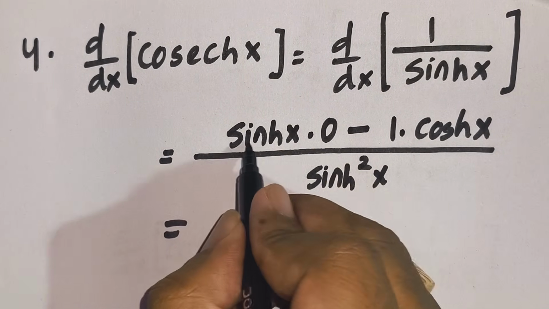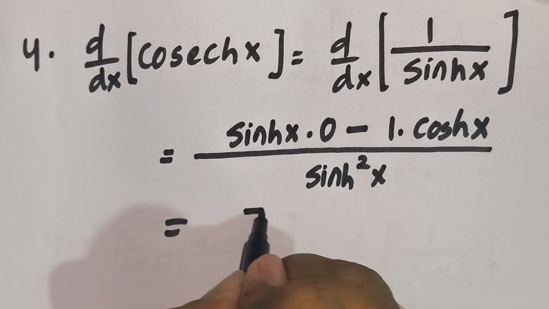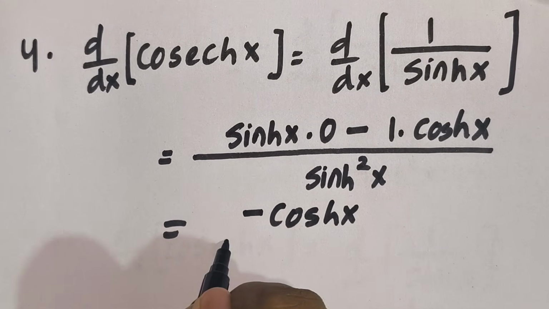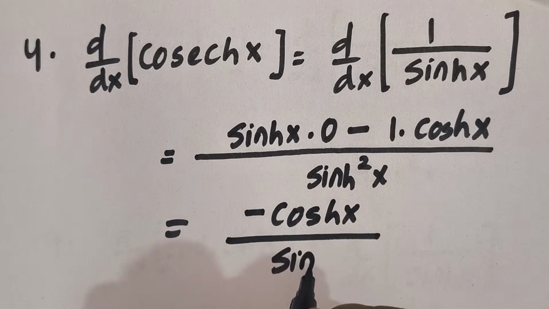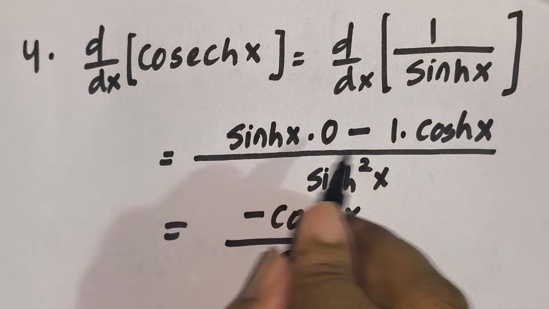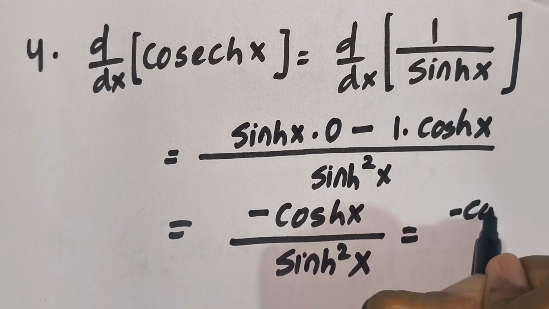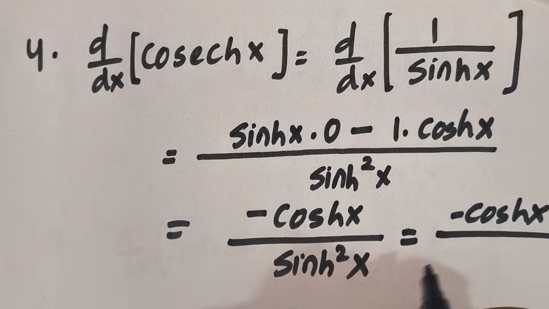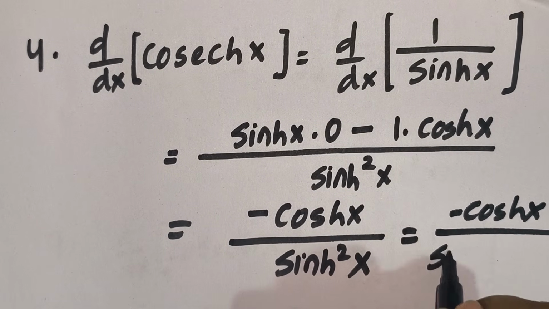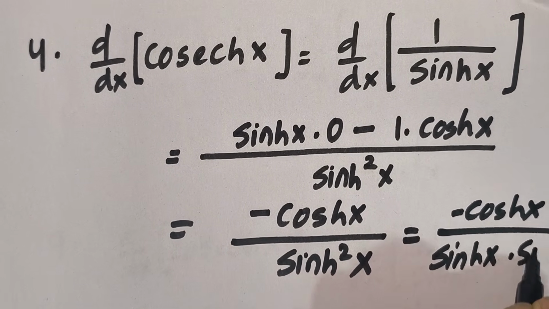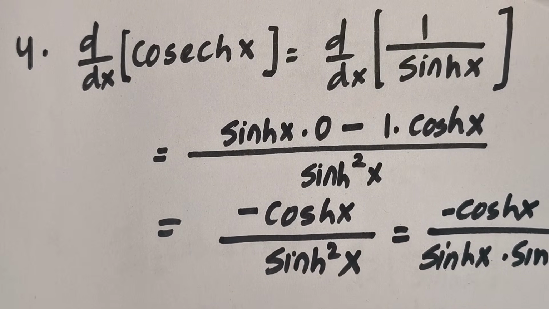So this is 0 minus hyperbolic cosine over hyperbolic sine square. This is 0, so we are left with this one. We can also write this as, in the denominator, hyperbolic sine times hyperbolic sine, because this is square.